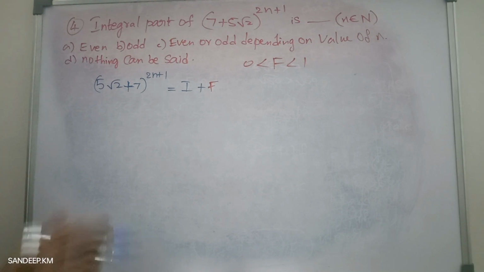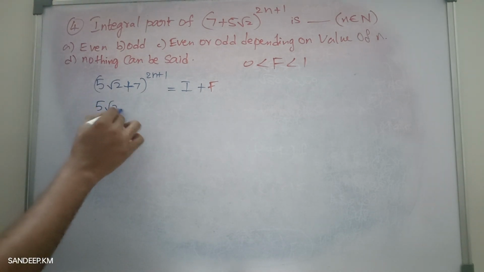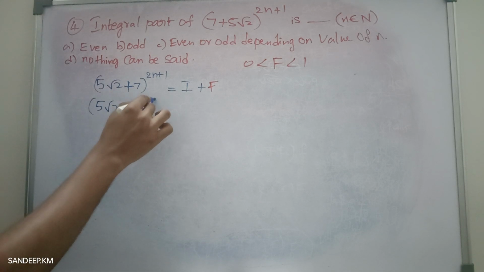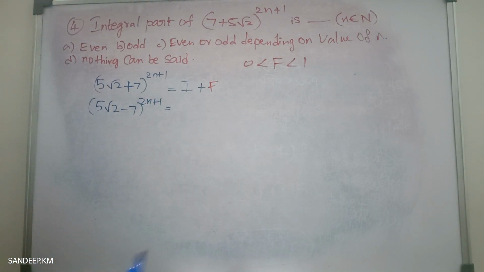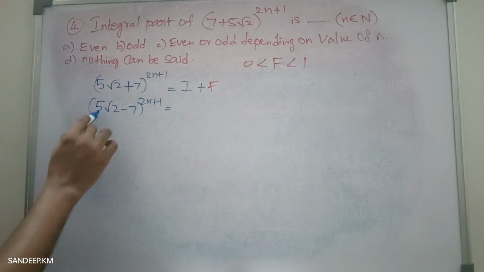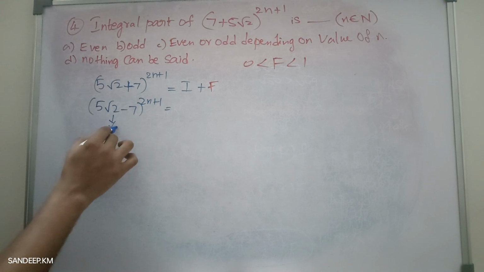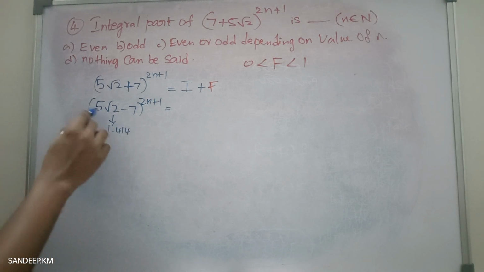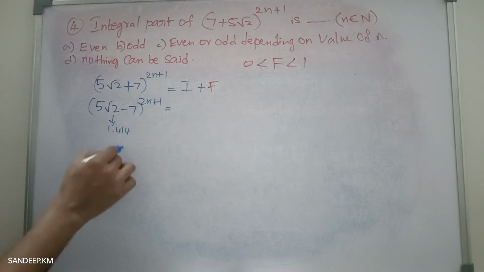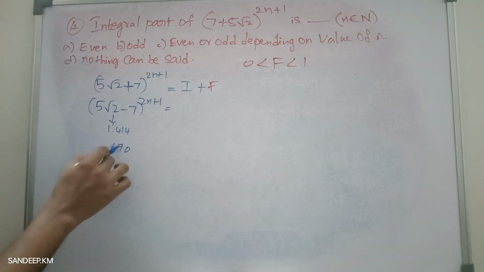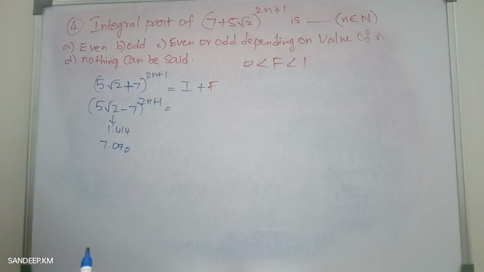At the same time, I will take (5√2 − 7)^(2n+1) is equal to, observe dear students, 5√2. √2 is approximately 1.414, and then 5 into 1.414 is how much? 7.07 approximately. 7.07 minus 7 is how much?